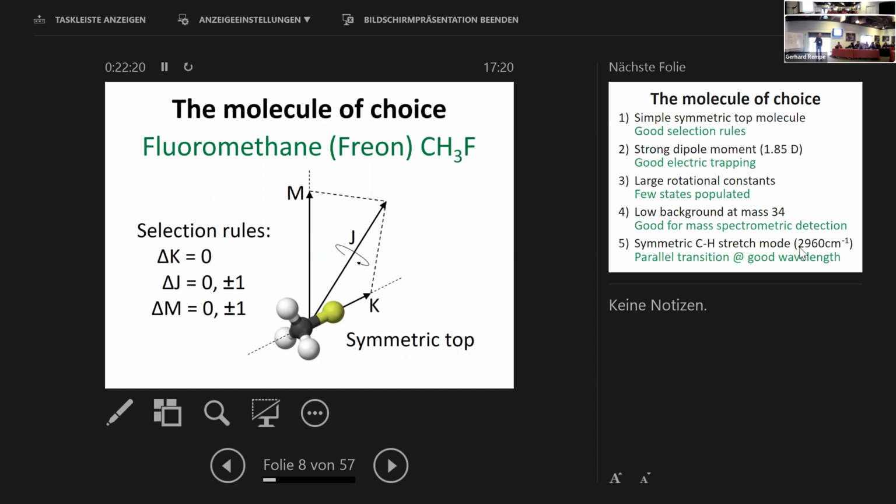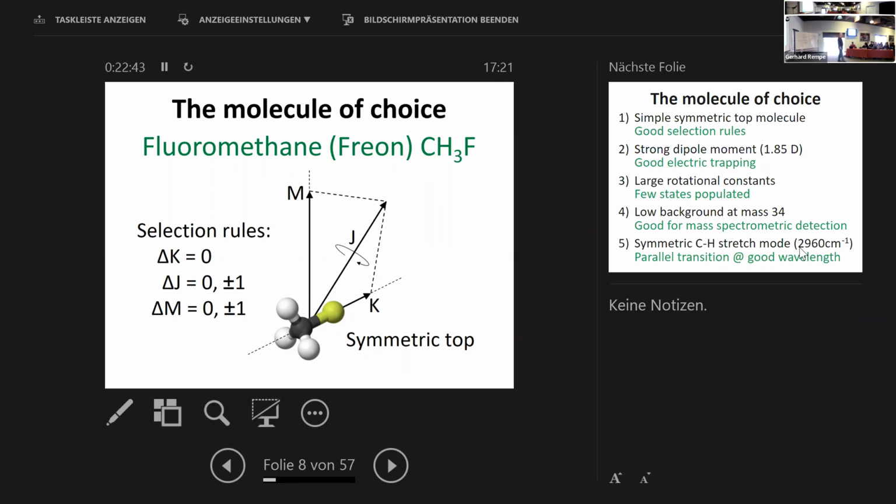Well, J is the total angular momentum of the molecule, it points in some direction. K is the projection of this angular momentum J onto the symmetry axis of the molecule. And M is the projection of the angular momentum J on the direction of the electrostatic field. This is how it's defined. And then these are the selection rules.